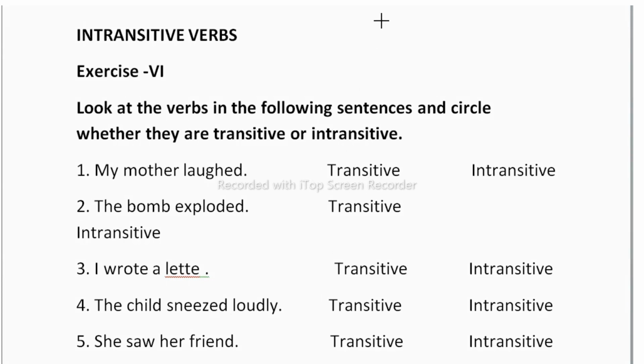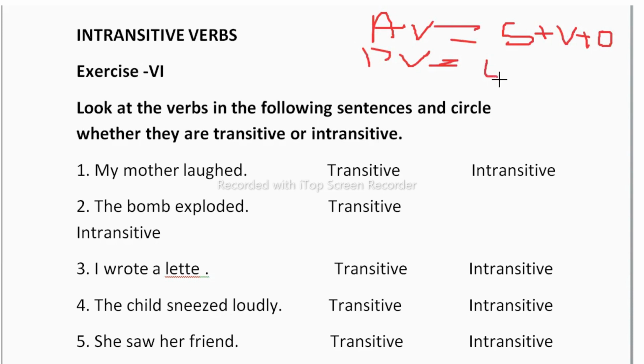The structure of active voice is subject plus verb plus object, and the structure of passive voice is object plus verb plus subject. So here "my mother" is the subject, "laughed" is the verb, and the object is missing here. So that's why it is an intransitive verb.